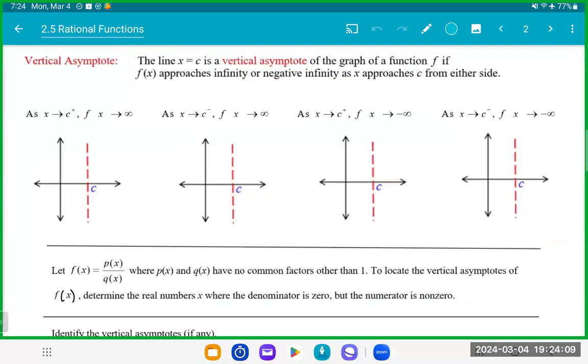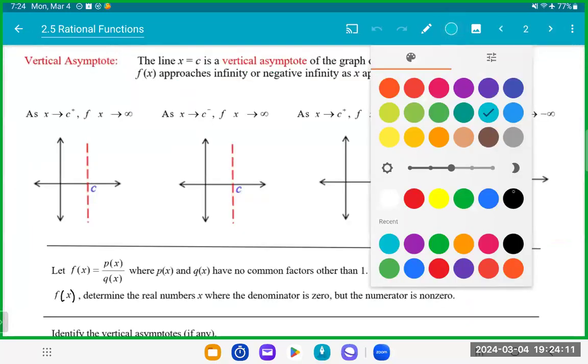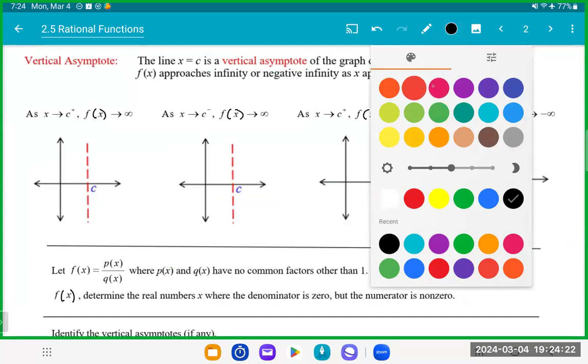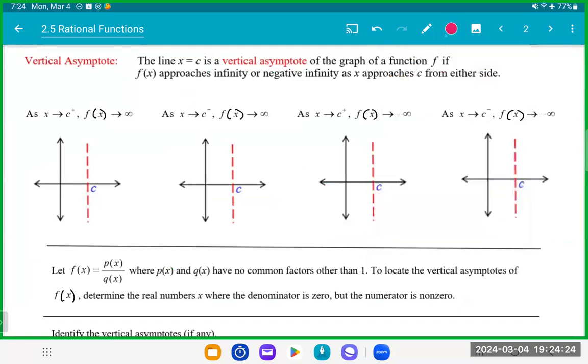So I have a little bit more example here. Let me put these parens around. Again, let me get a different color because there's red on that graph. Let's do green. So here, as x approaches c from the right, we're going to go up to infinity, is what this is saying.